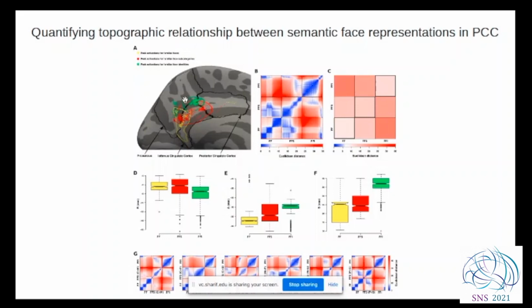So in this analysis, which is a little bit complicated, we basically quantified the spatial shift in the location of activations, and we found that the peak activation of these four regions are significantly different from each other. So if we quantified the distance between peak locations using a Euclidean distance, we find that the distance of peak activations are actually significantly different from each other.